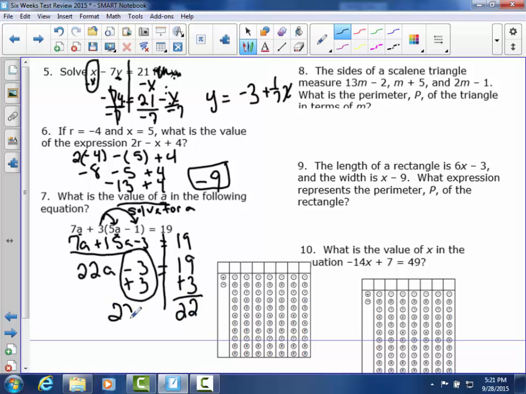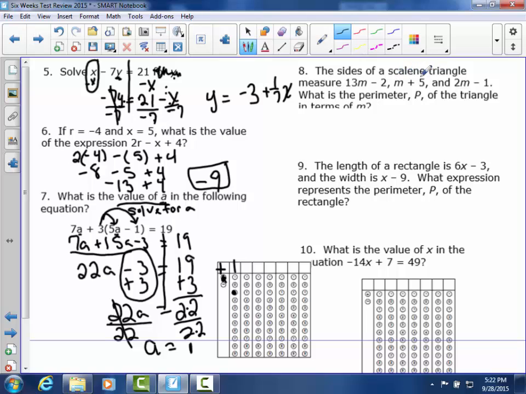So I have 22a equals 22. 22a is 22 times a, so the inverse would be to divide by 22. 22 divided by 22 is 1, so a equals 1. So in my box that would be positive 1.